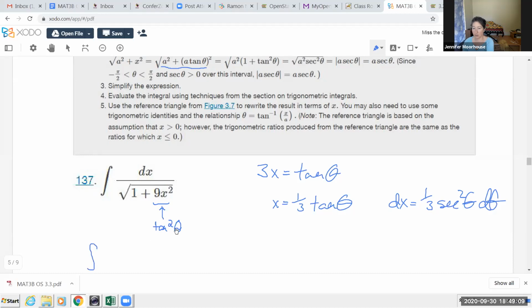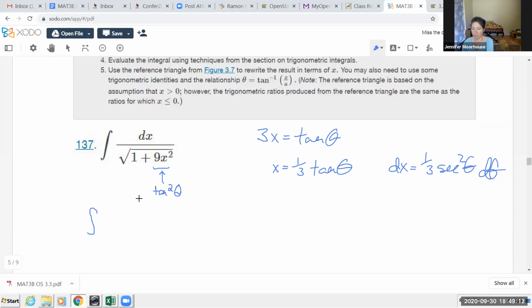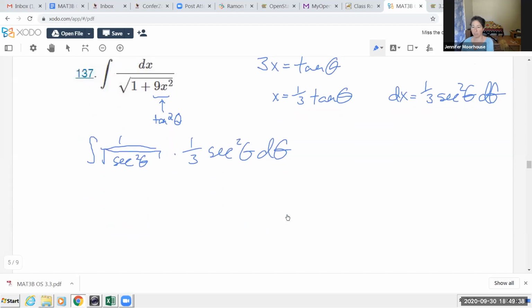So you have 1 over the square root of secant squared. The dx becomes a 1/3 secant squared. And now we just simplify that and integrate and then reverse substitute.